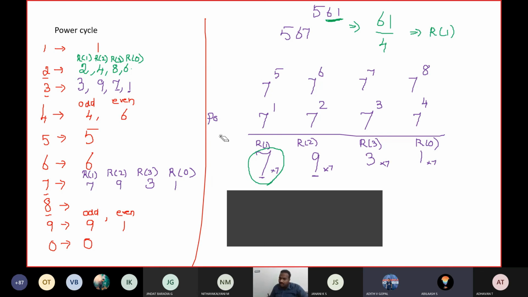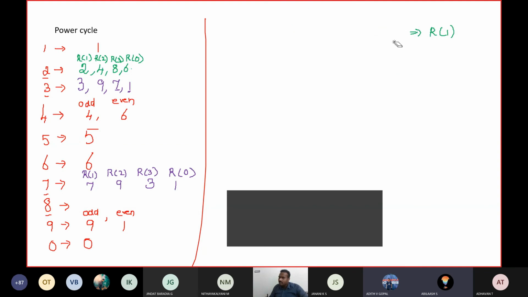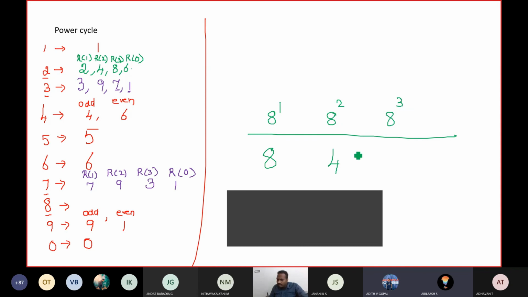Just one more minute, guys. We'll cover the 8th one and then we'll wind up for the session. Okay. Same way, if we check for 8 power 1, it is 8. 8 square, 64, 4. 8 cube, sir, I don't know 8 cube value, don't worry.